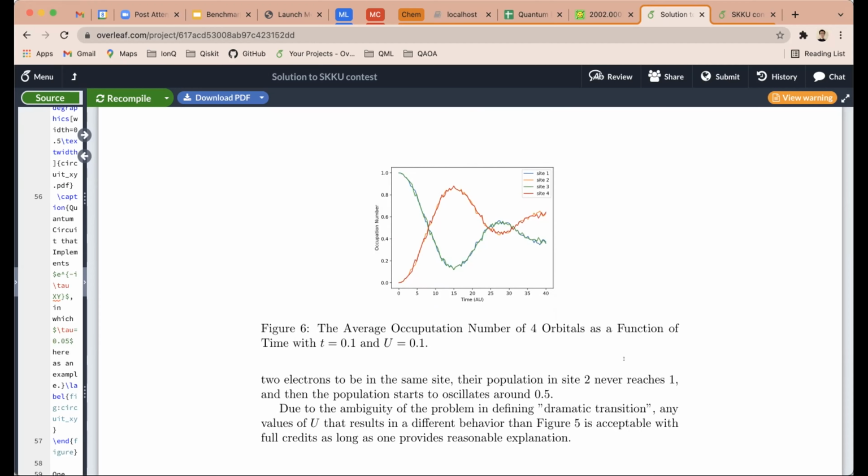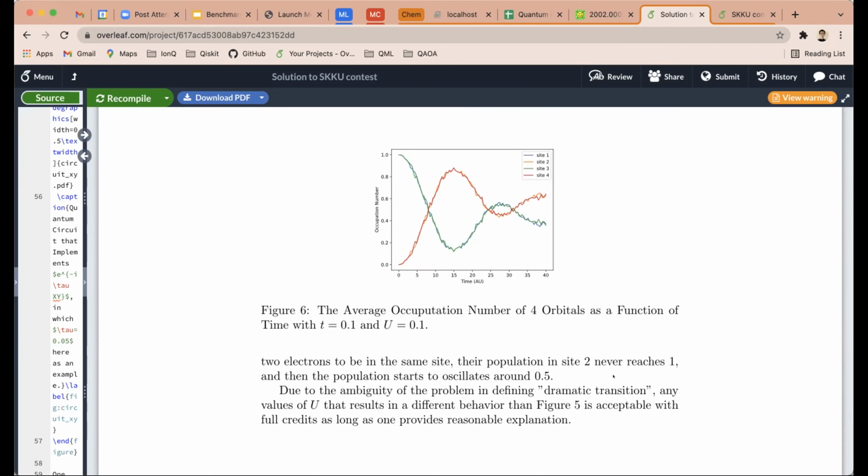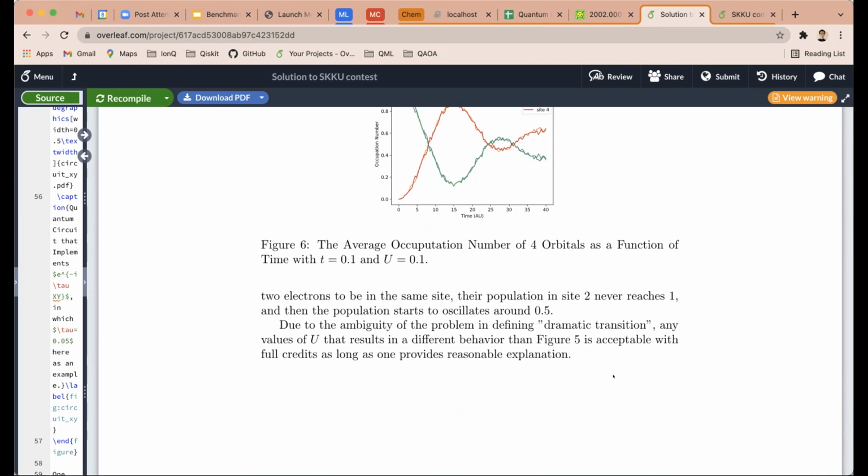So any U value that results in a much different behavior in dynamics, other than U being much smaller than t, is acceptable with full credit. Okay, so that's for problem 3.